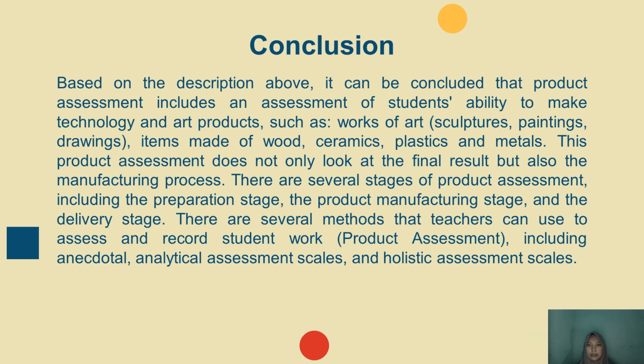There are several stages of product assessment, including the preparation stage, the product manufacturing stage, and the delivery stage. What can be used to assess and record student work in product assessment includes anecdotal records, analytical assessment scales, and holistic assessment scales. So that's all from our group discussion about product assessment development.